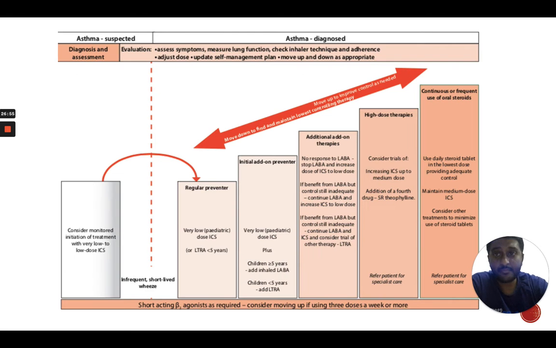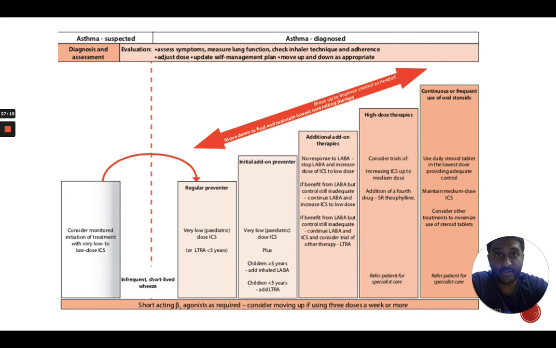Sometimes you might encounter patients who come to you not necessarily with a very bad acute exacerbation, but it might just be poorly controlled. It's better to look at this step approach to see what is the next best step for your patient.